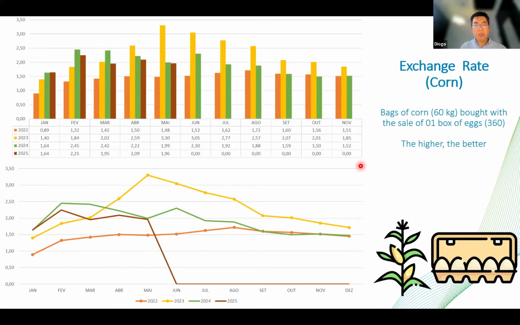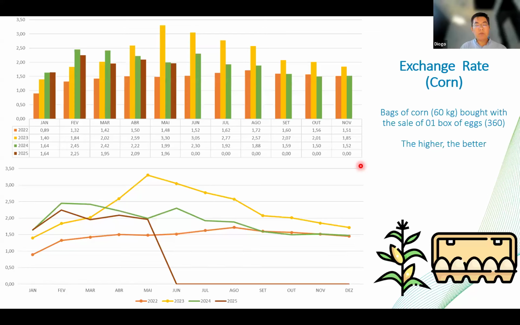So basically, what we do in the egg farms, what the egg farmer does with the help of the layers, is to change feed ingredients into eggs. In this graph, we have two pieces of information based on the local prices that we have in Brazil.